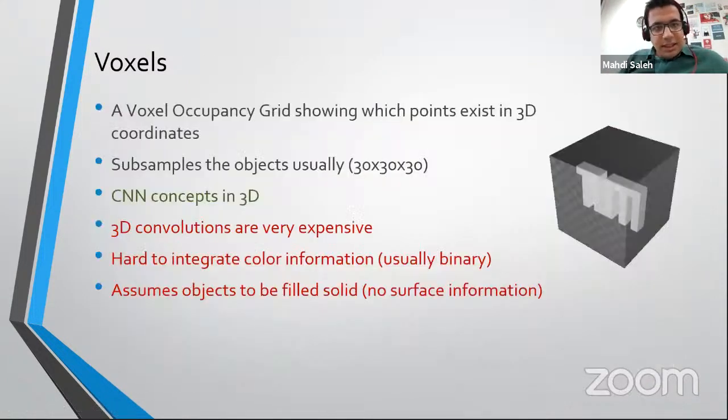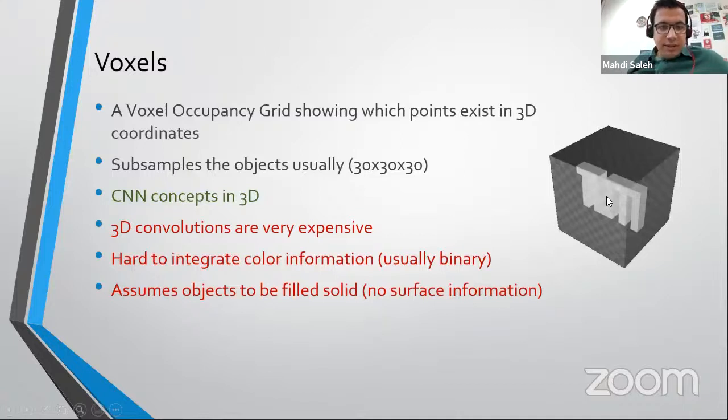But then another different representation for 3D data is voxels. Voxels, as you might know, are like an occupancy grid, which basically represents the data in a 3D grid. You normally need to subsample your data in order to fit this voxel grid. And you can use CNN concepts again, but in a higher dimension, in 3D.